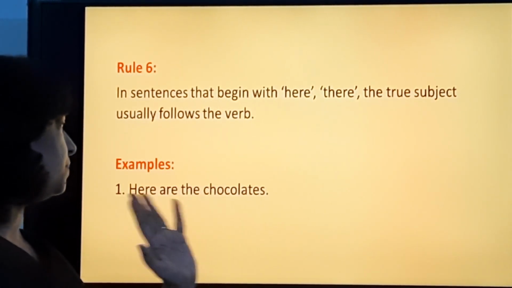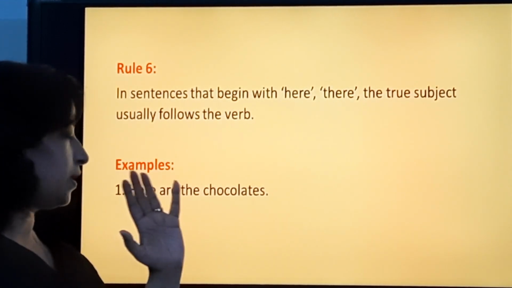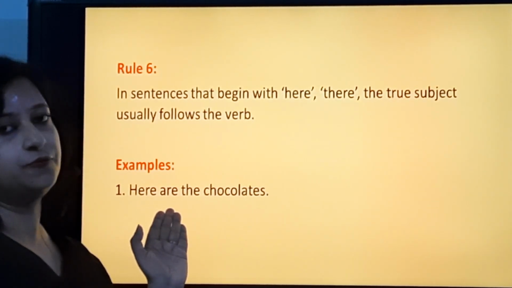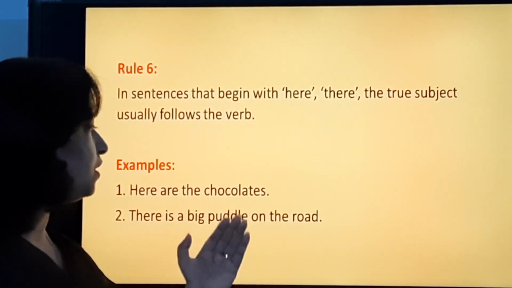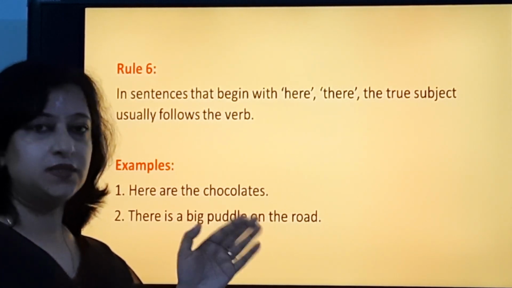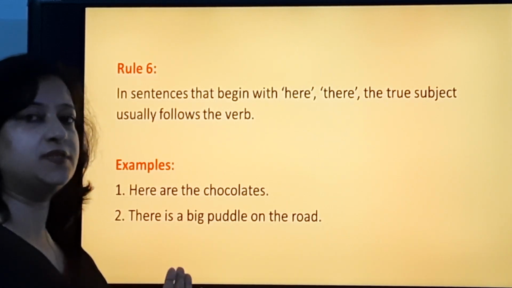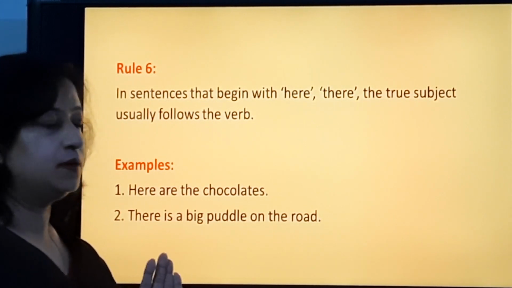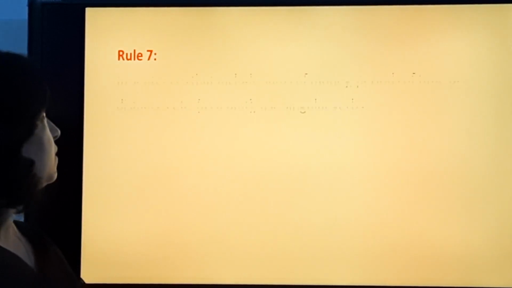So, when we look at the verb, we'll look at the subject, and accordingly we'll use our verb. There is a big puddle on the road. Here a big puddle is our subject and "is" is a verb that has already been used before the subject. So we'll focus on the subject and then we'll put our verb. I hope children this also is clear. Let's move on to the next rule.